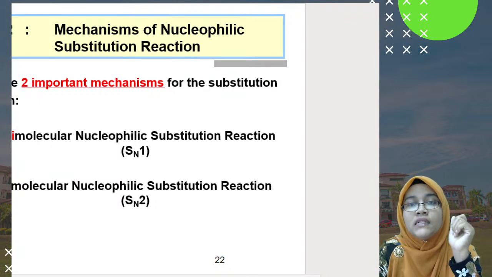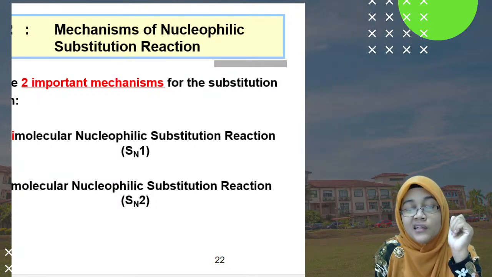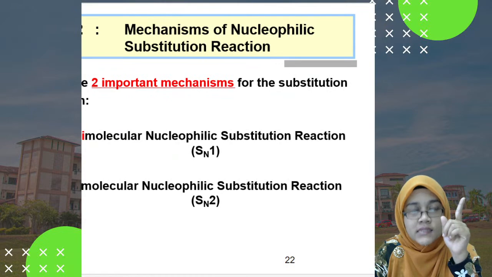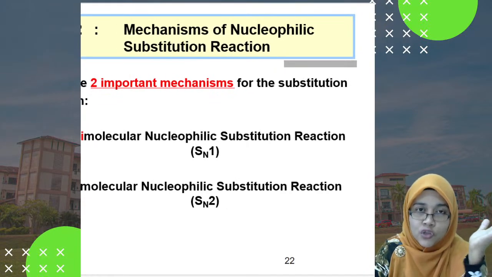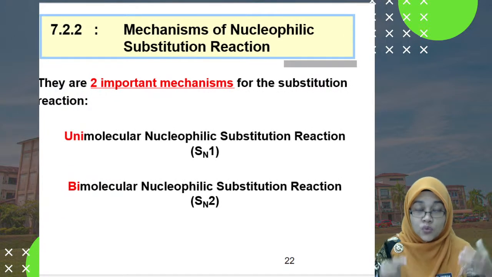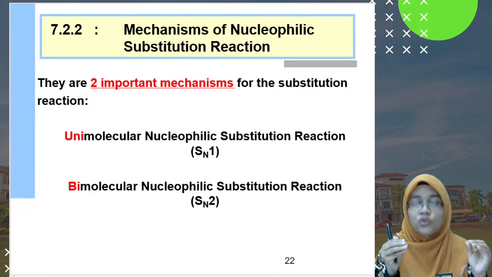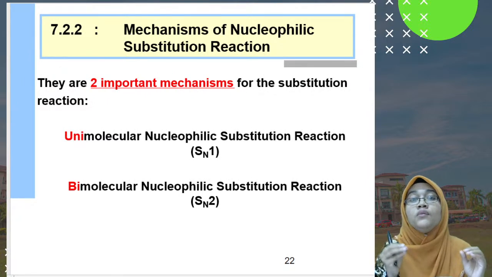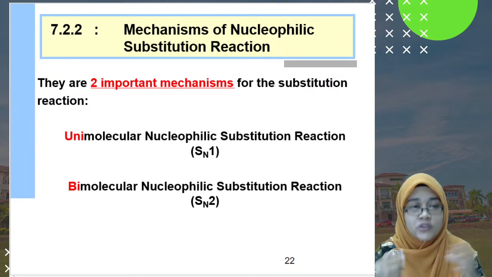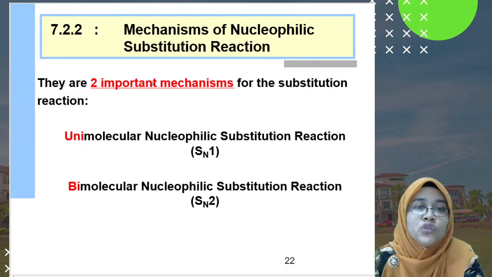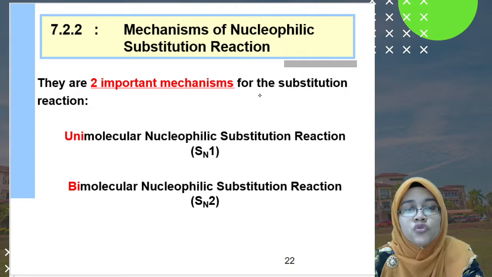7.2 Mechanism of SN1 and SN2. Okay, I have already talked about nucleophilic substitution. Now I want to detail the way the nucleophilic substitution proceeds. There are two important mechanisms for the substitution reaction.